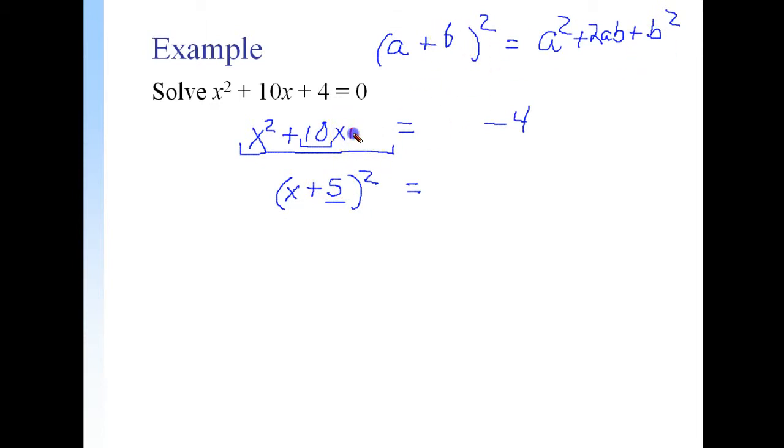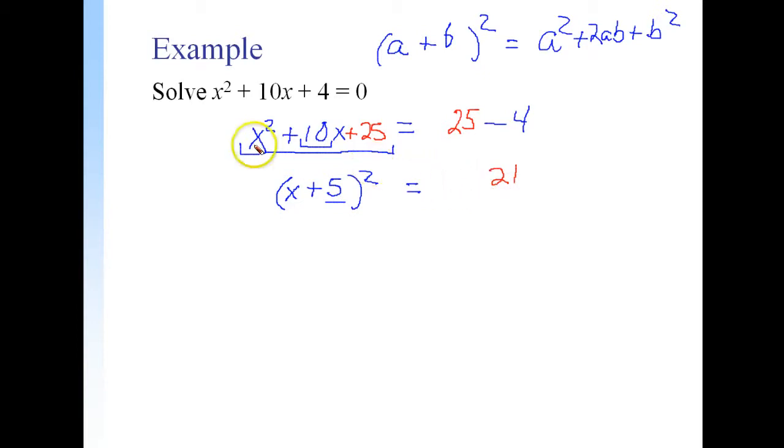So we're going to square 5 and get 25. Okay, so we've put a new value here. To keep this an equation, we must put the 25 on this side as well. So we now have a perfect square trinomial that factors into this. And this now is going to equal 21.